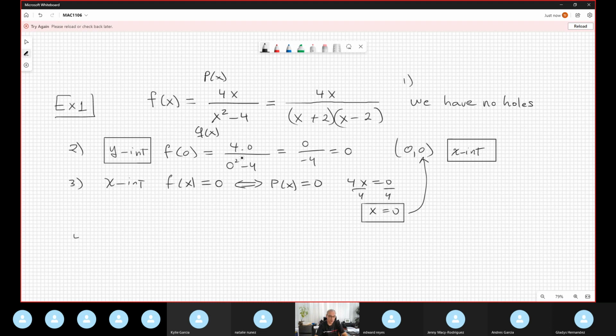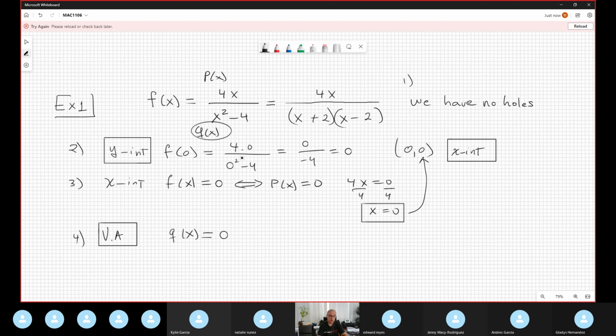Number 4 is extremely important: the vertical asymptote. For the vertical asymptote, take the polynomial in the bottom, q, and force it to be 0.